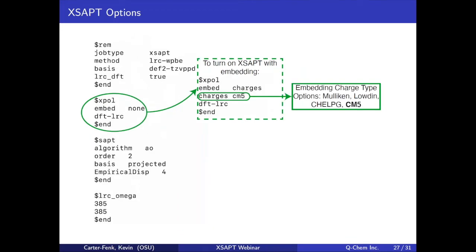So these options include Mulliken, Löwdin, CHELPG, and CM5 charges. Mulliken and Löwdin charges are not recommended because of their instability with respect to the basis set that is applied. CHELPG charges offer good results, but they tend to be far more expensive than CM5 charges. And CM5 charges, because they offer improvements in accuracy and efficiency of the calculation relative to CHELPG charges, are the recommended. And those will be in 5.3.